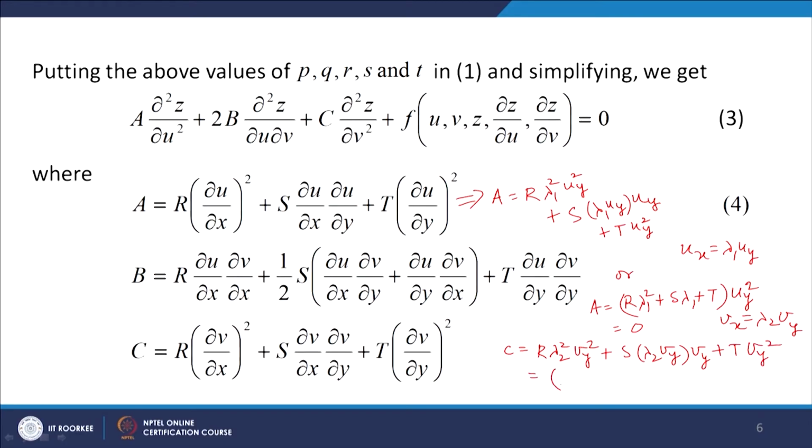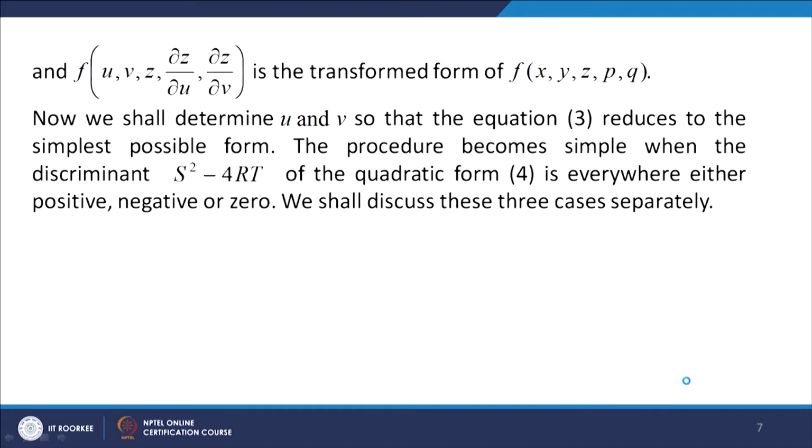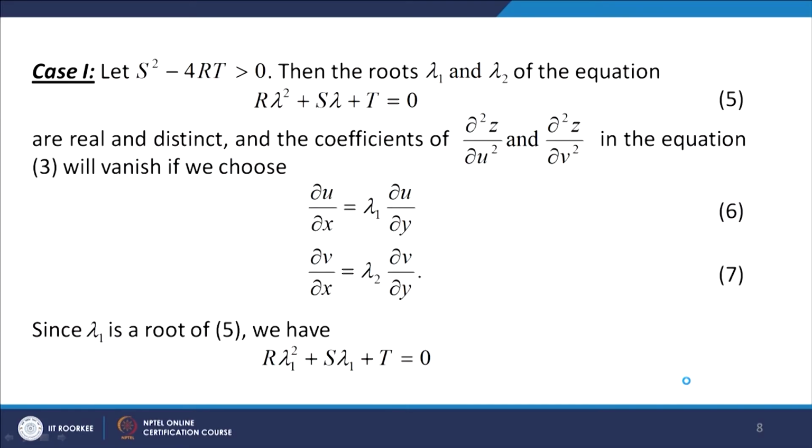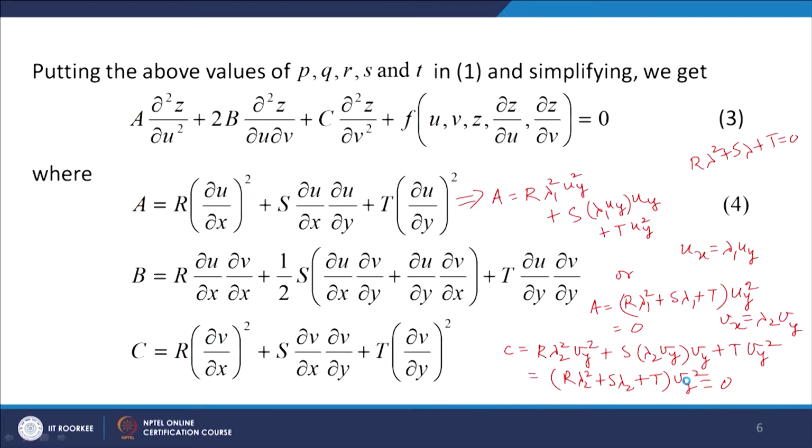So, we can write it as r lambda 2 square plus s lambda 2 plus t into v y square, and lambda 2 is a root of r lambda square plus s lambda plus t equal to 0. So, since lambda 2 is a root of this, we have r lambda 2 square plus s lambda 2 plus t equal to 0, so this will be equal to 0. So, by using the relations u x equal to lambda 1 u y, v x equal to lambda 2 v y, we notice that in the equation a and c become 0.